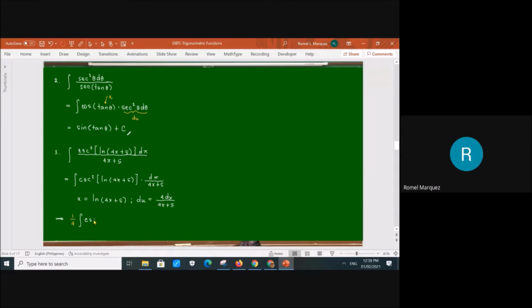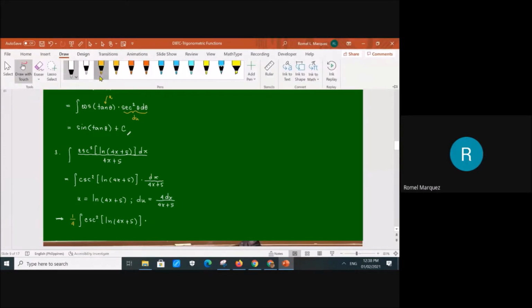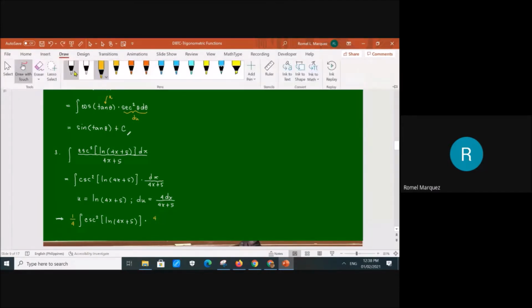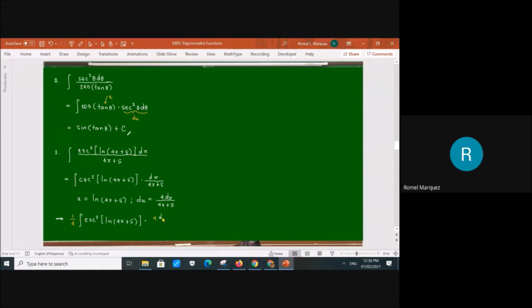So cosecant squared of ln of 4x plus 5, then times, so I'm going to multiply by what, guys? By 4, no? So I will supply 4, but originally that 4 is not present. That's why I balance it outside, no?